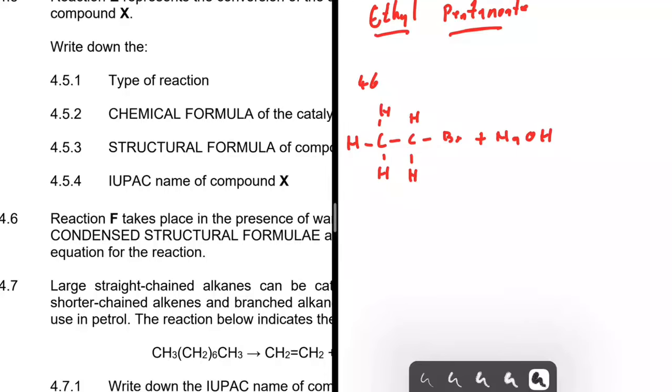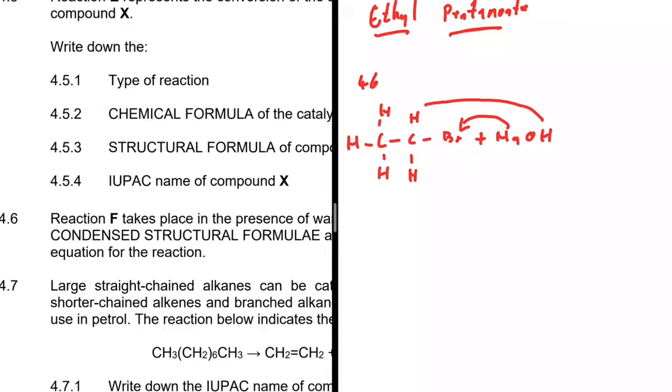What happens here is that Na will bond with Br, and then OH will bond with the hydrogen removed. So our byproducts are NaBr plus H2O. Let me show you.